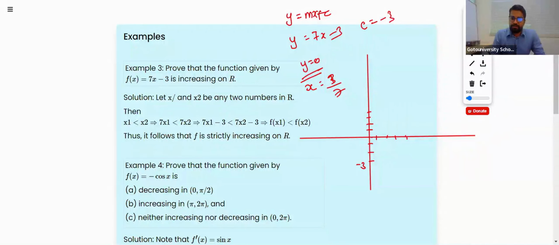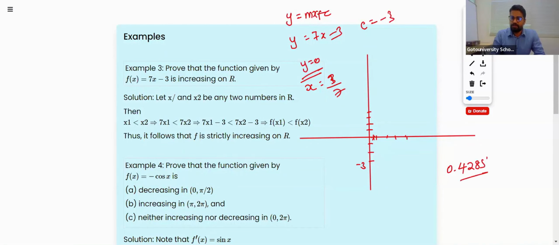So it's somewhere here, and the line will be like this. Somewhere between 0 and 1, this will be there. What is the exact value of 3 by 7? It's going to be around 0.42. I don't want to explain the value of this right now.